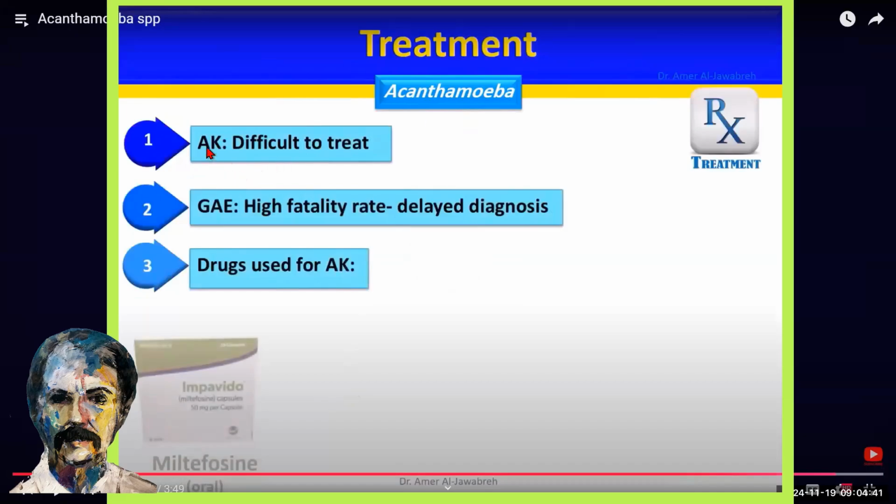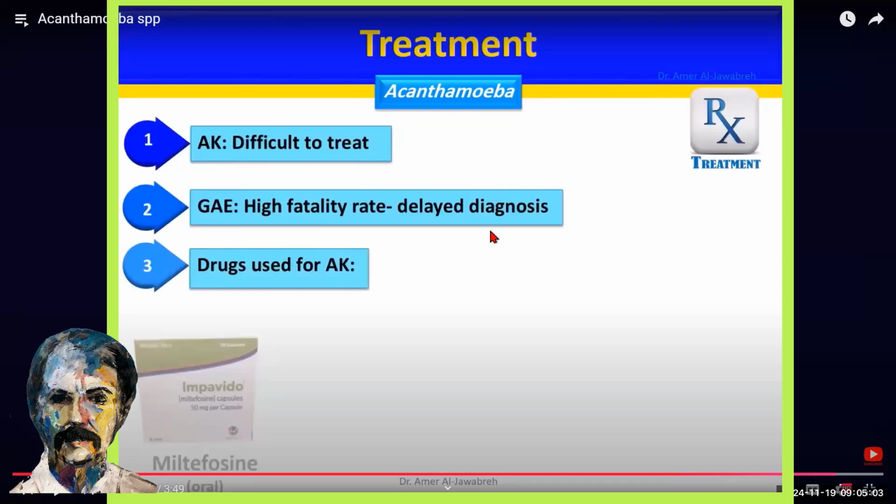Acanthamoeba treatment. AK, keratitis, the eye infection, is difficult to treat. Can you imagine? GAE has a high fatality rate. People mostly die. And people in general, from these three brain amoebas, die in high percentages. Why? Mainly because of delayed diagnosis.